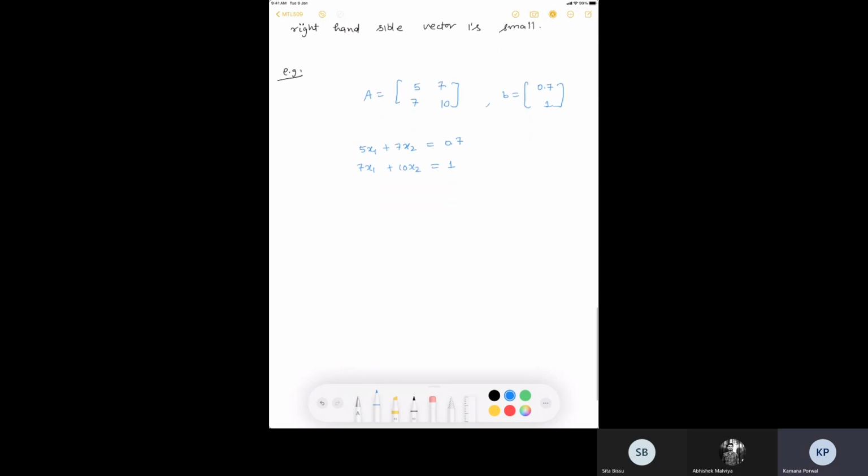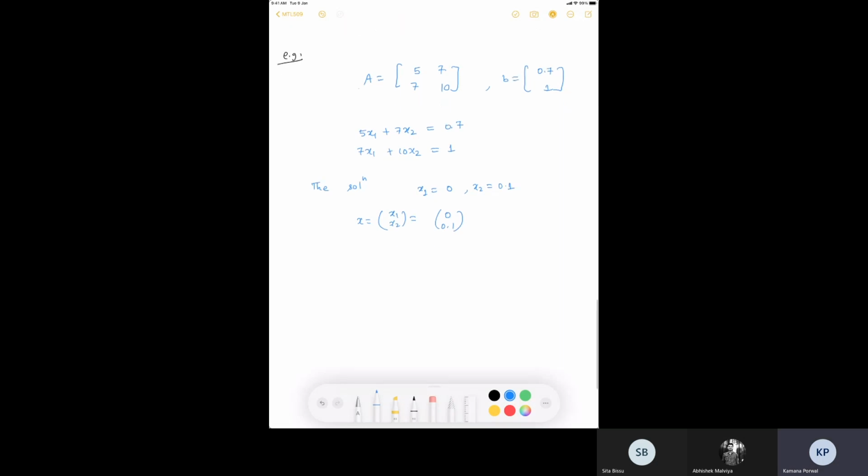This is a 2x2 system. You can find the solution, and I'm writing it directly. You can verify it. The solution is x1 equals 0 and x2 equals 0.1. That is, if I denote x as x1, x2, this is the vector 0, 0.1.